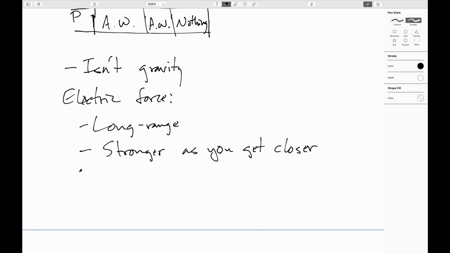So there's some physical property, which we'll call the electric charge, that dictates the strength of the force. The more electric charge each of these objects have, the greater the force.